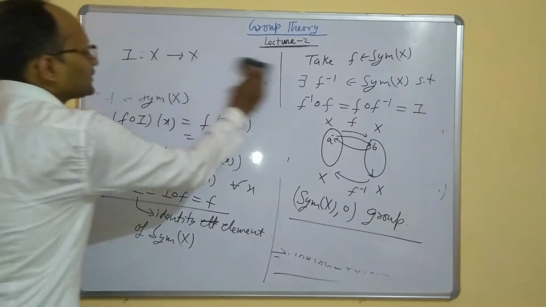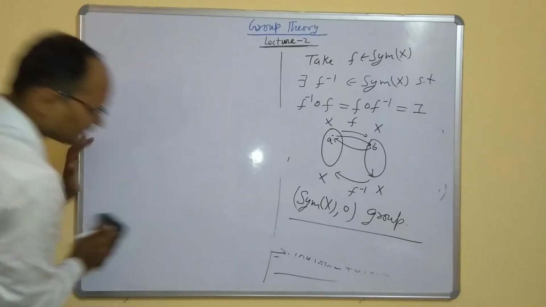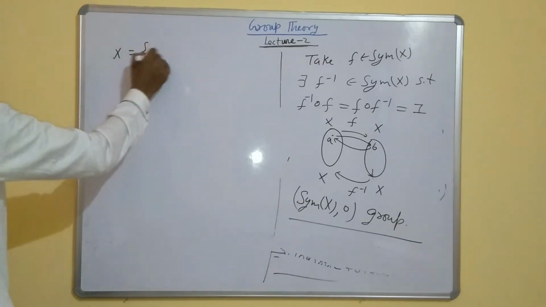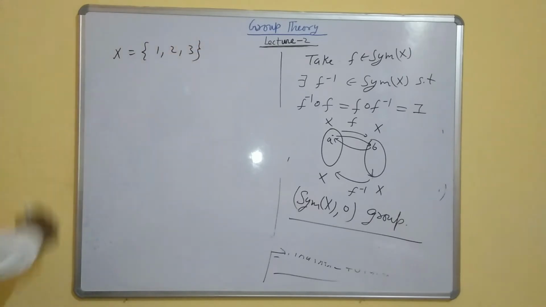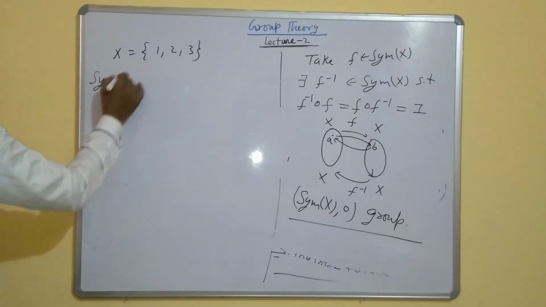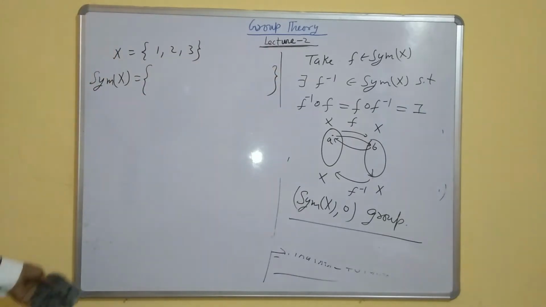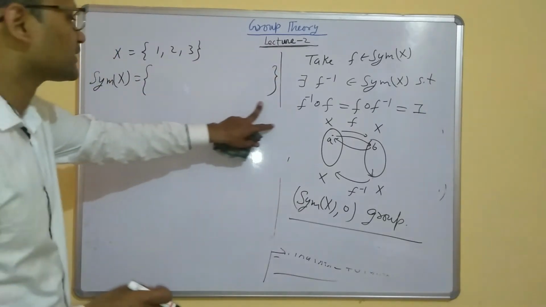Now for example, suppose I take a set x to be 1, 2, 3. Then Symmetric is the set of all bijective maps from the set 1, 2, 3 to itself.